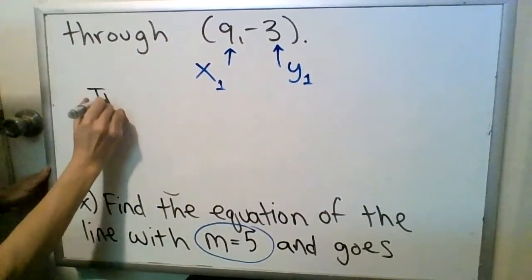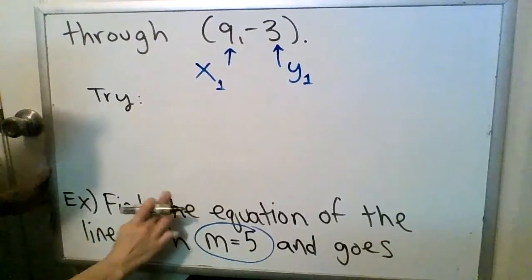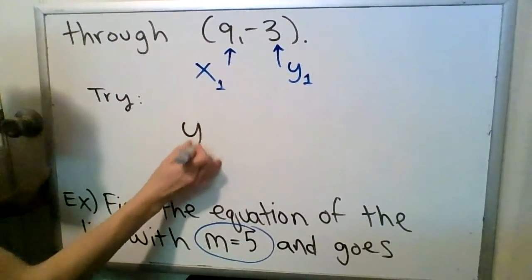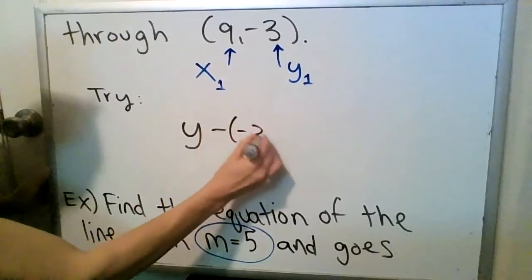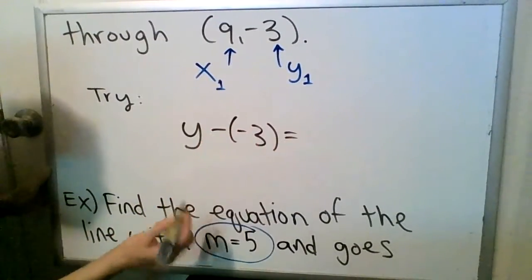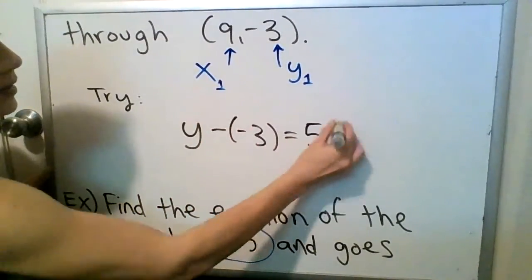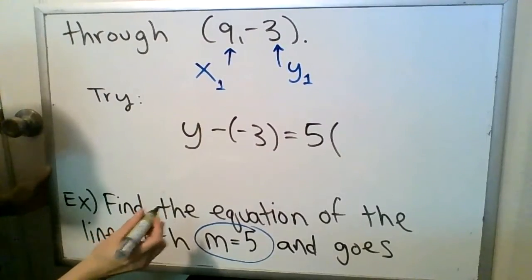So you take y minus y1, which is equal to -3, equal to the slope of 5 multiplied with x minus 9.